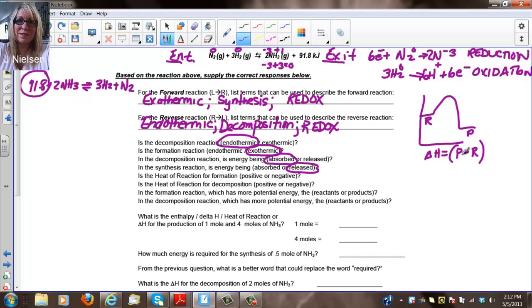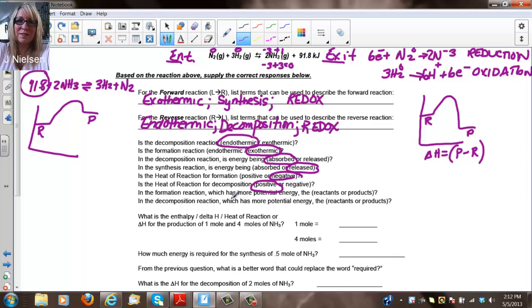P minus R, you can remember it well because P comes before R in the alphabet. So the value for P is going to be less than R, so our delta H is going to be negative. And for decomposition, we said this is endo, so we're going uphill. Therefore, my products are going to be higher than my reactants, so this is going to have a positive delta H.